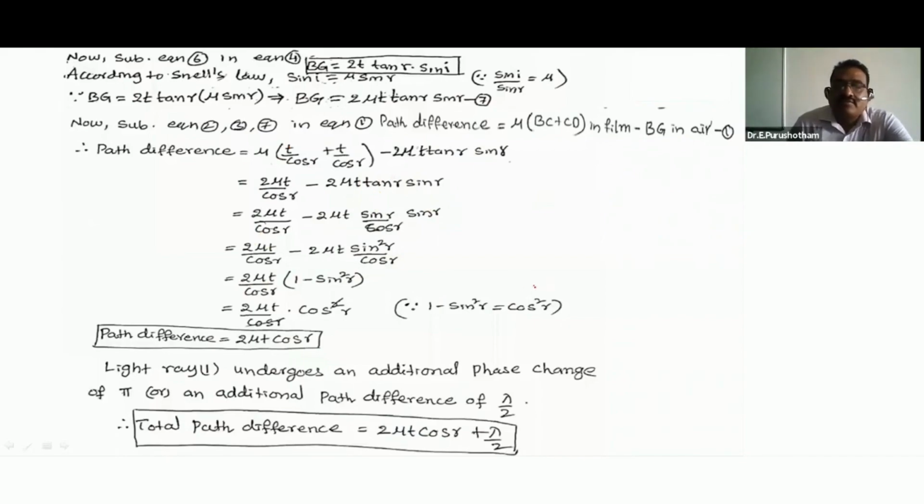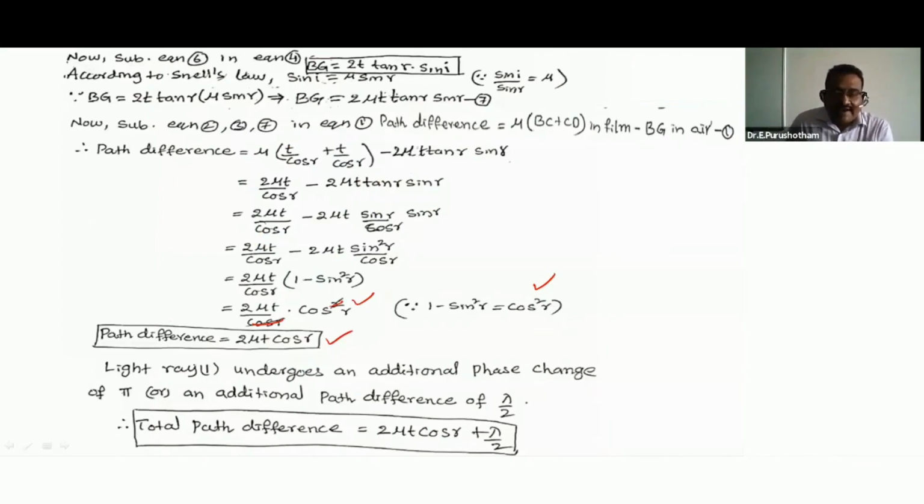That is cos square R. Substituting here cos square R, the cos R square gets cancelled. So path difference is equal to 2 mu t cos r.